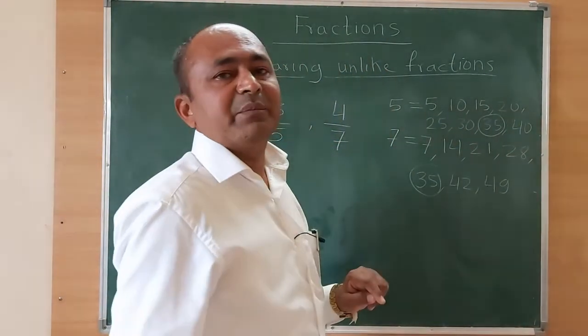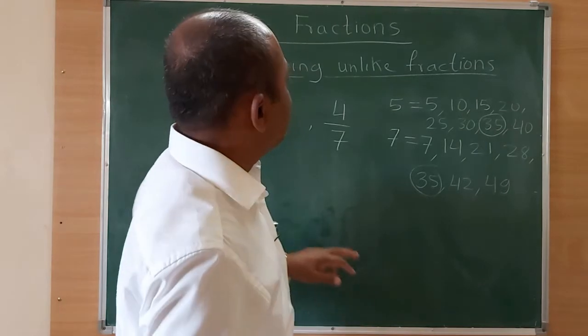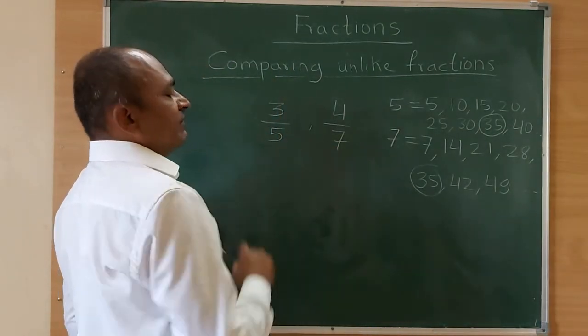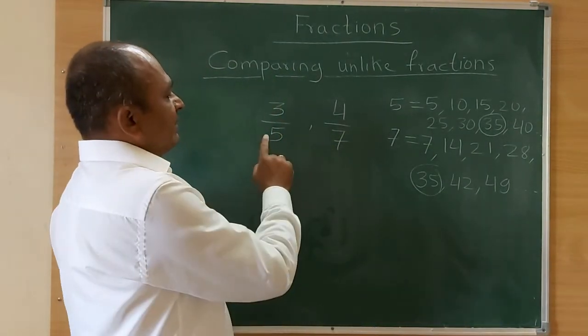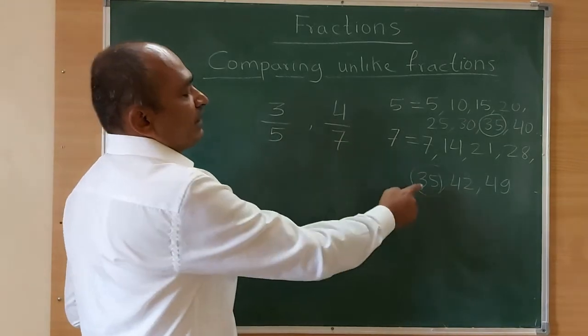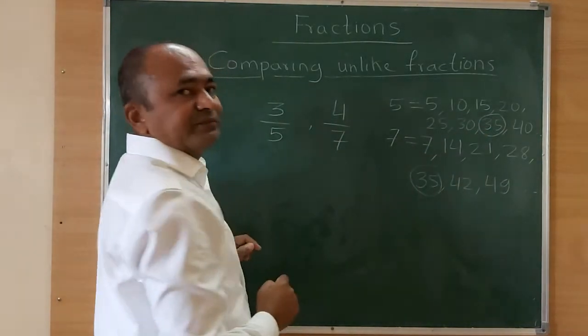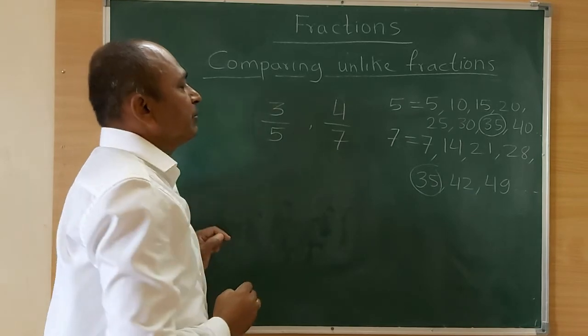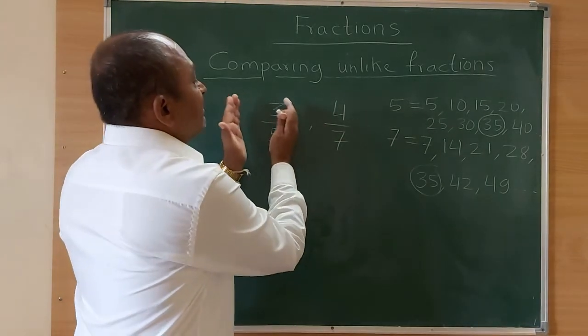This is the common multiple. So what I will do, both the fractions, I will convert their denominators into 35, means equivalent fractions.